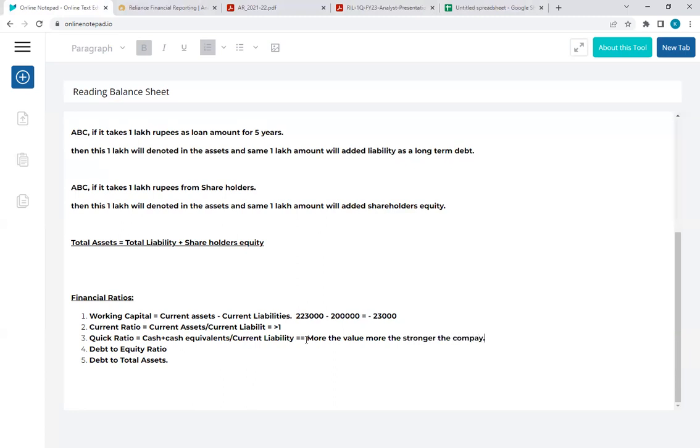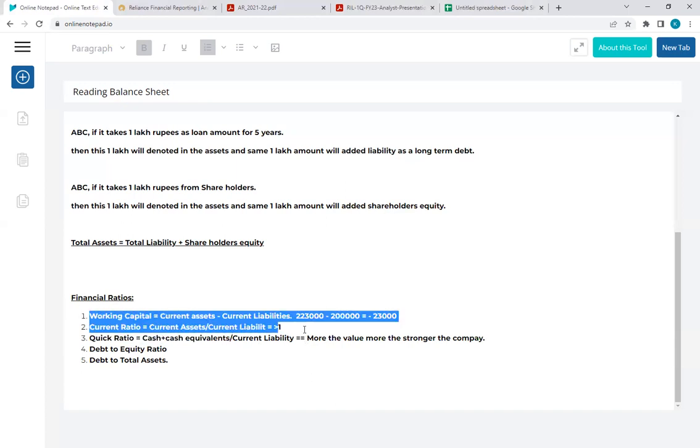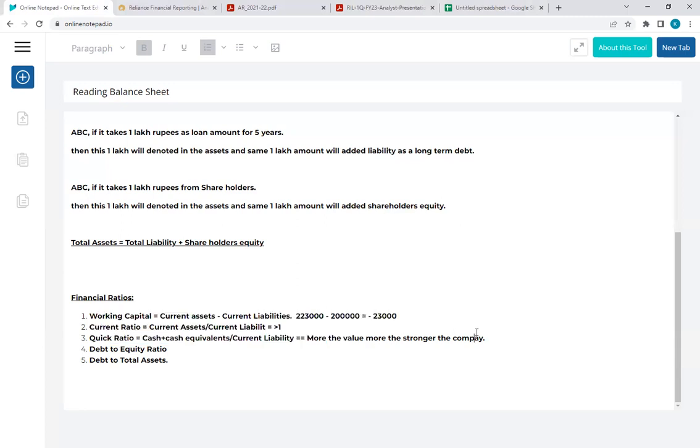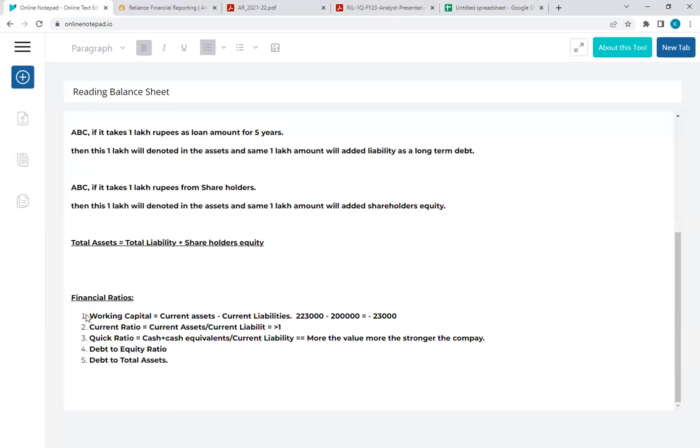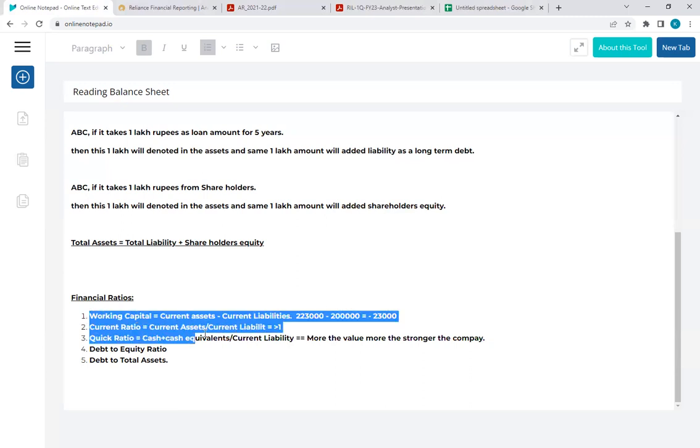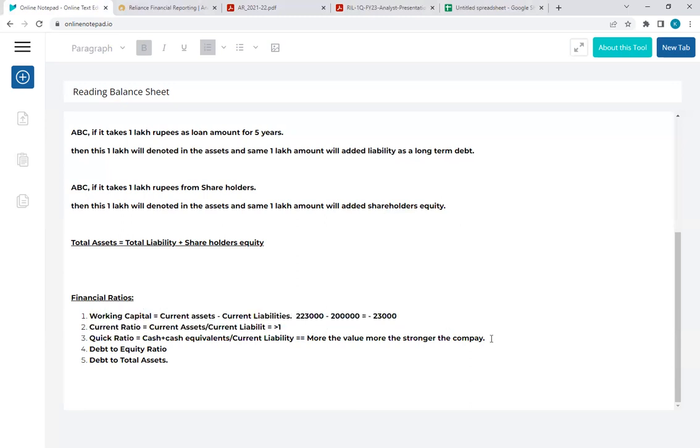So all the three ratios, working capital, current ratio and quick ratio, are mainly focusing on the company's ability to pay the current liabilities in an easy manner.